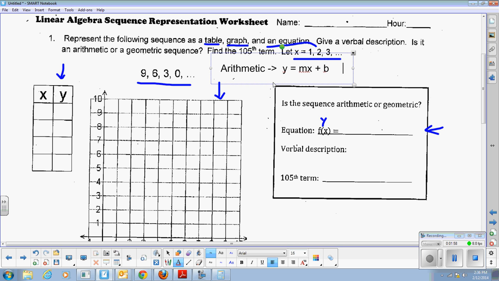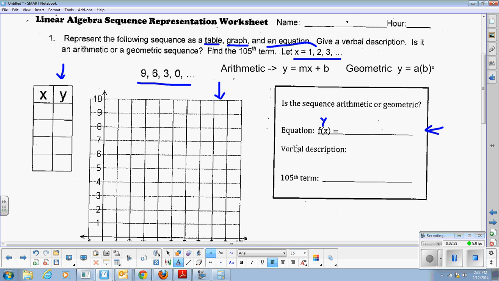If you put it into geometric, it's going to be y equals a times b to the x power. So you have to determine which format you will use. On all 4 problems, you'll be using either one of the 2, arithmetic or geometric. So you'll have to determine which it is, and write the correct equation in that format.